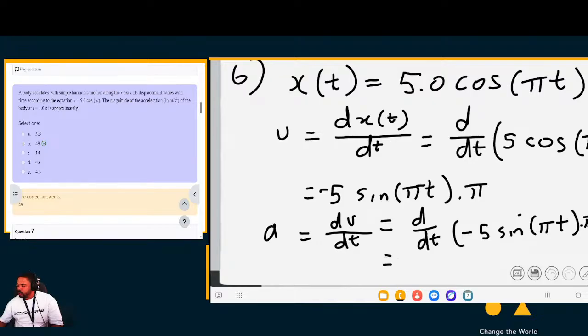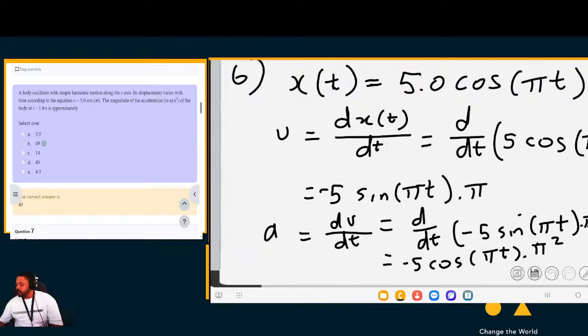Negative 5 pi is a constant. The derivative of sine is cosine pi t. And then the derivative of pi t is just pi, so it's pi squared. So there we have it. That is the formula for the acceleration of this function that has been given to us.